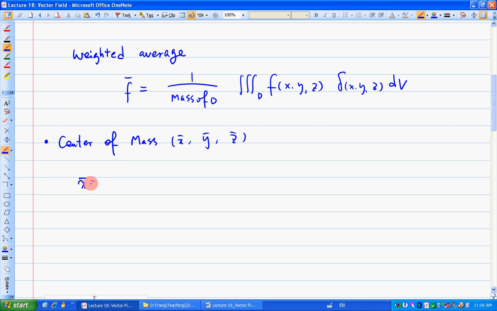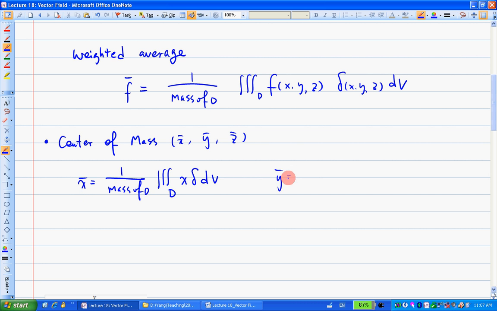So x bar is 1 over the mass of D, times the triple integral of the weighted x, so x multiplied by delta. You see, this is basically a weighted average of the function, and now the function is x. And that gives us x bar, the average value or the center of the mass.